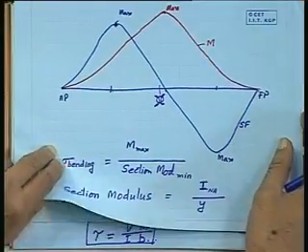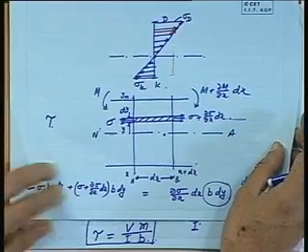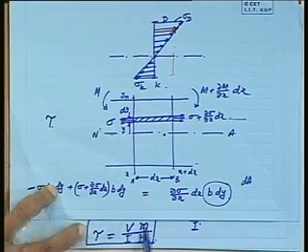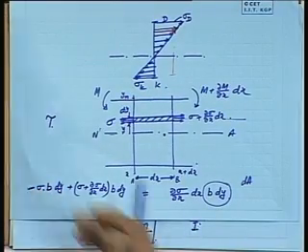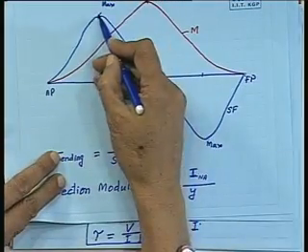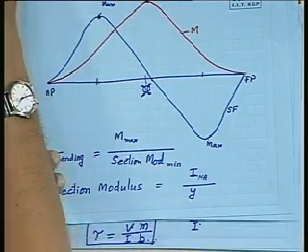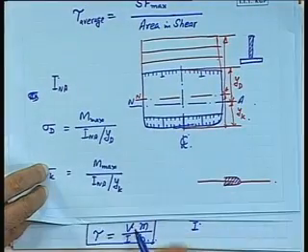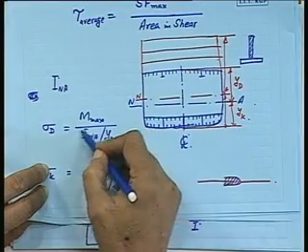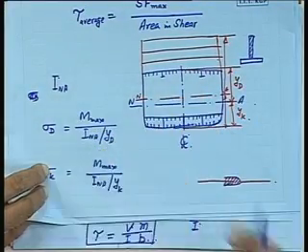Now look into this expression. What does it say? This is the value of V. This I am getting from this section here, right.